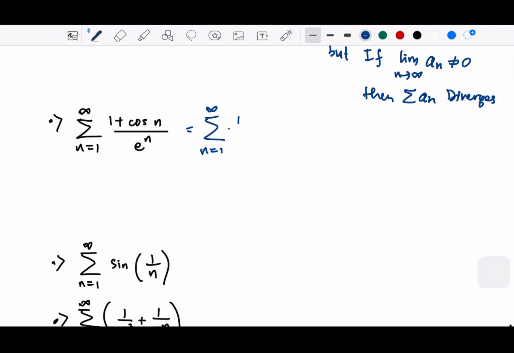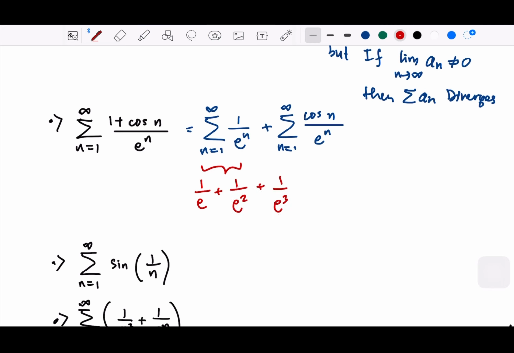So we can relate to this e to the power of n, and we can add the cosine part. And for the first one, if we break down this series, let's say take a few terms: 1 over e plus 1 over e squared, plus 1 over e cubed plus dot dot dot.